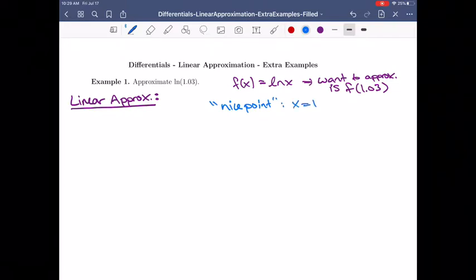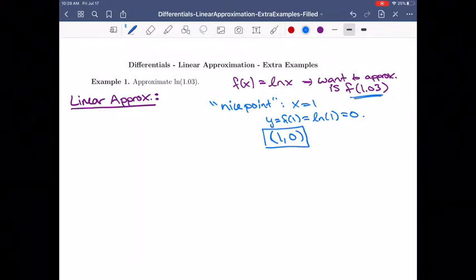It's close to 1.03, and f of 1, ln of 1, is 0. So our nice point is the point (1, 0), and we're going to use that to approximate ln of 1.03. This is all for both methods.